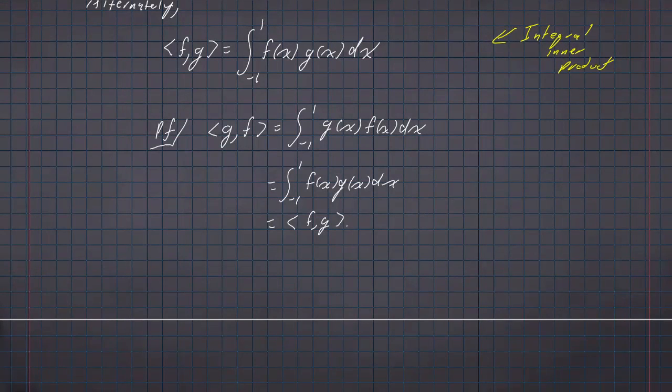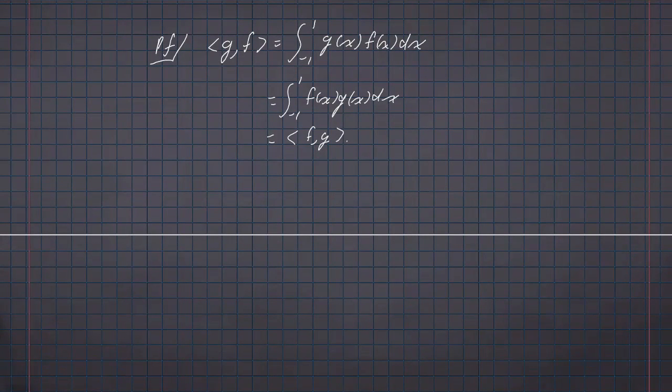Symmetry is fairly straightforward using the commutative property of multiplication on real numbers, which still works for real functions. We can swap that around, no problem.